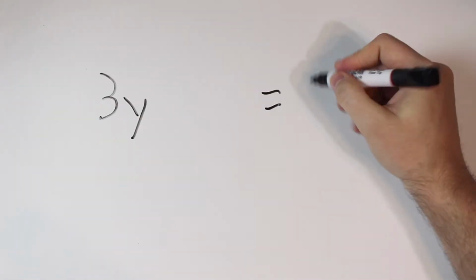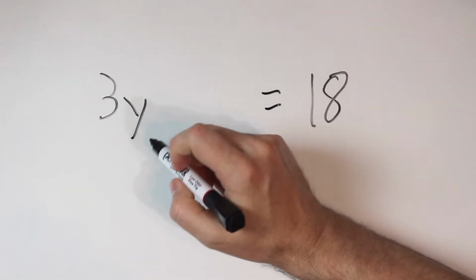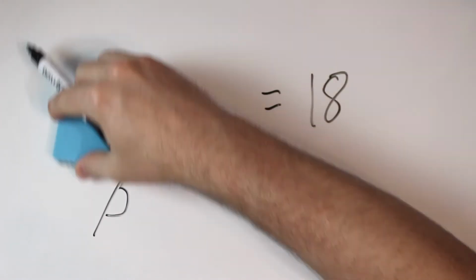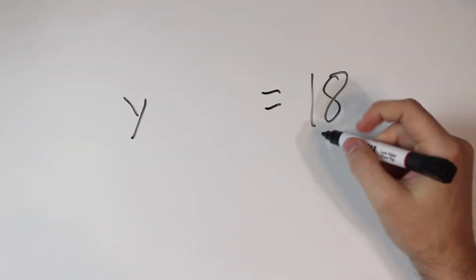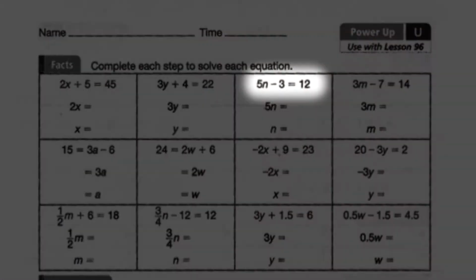There's the first part of our answer. Next, we undo multiplication. Dividing 3y by 3 leaves us with just y. Dividing 18 by 3 leaves us with 6. So we have y equals 6. That's the answer.